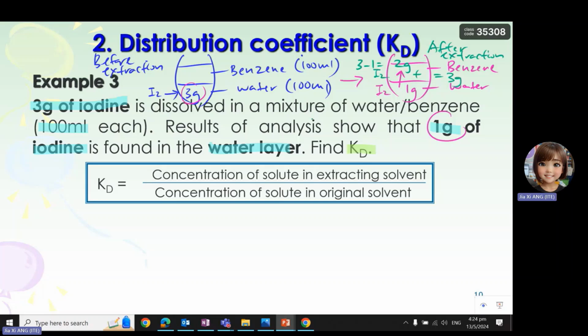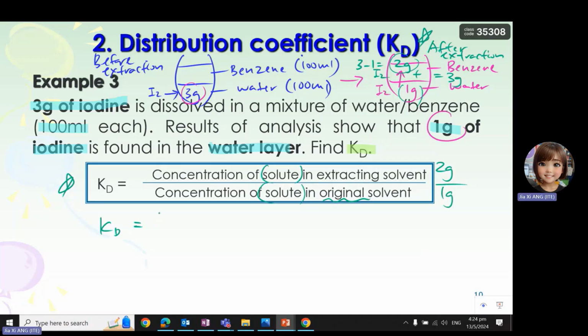All right. So when we substitute into our KD equation now, we need to take note: this KD equation is for after extraction. So you're supposed to find KD. KD should be equal to the concentration of solute in the extracting solvent, which in this case is 2 grams, over the solute in the original solvent, which is 1 gram.